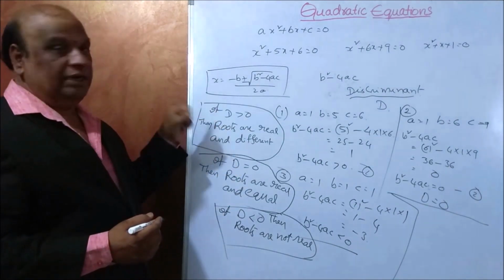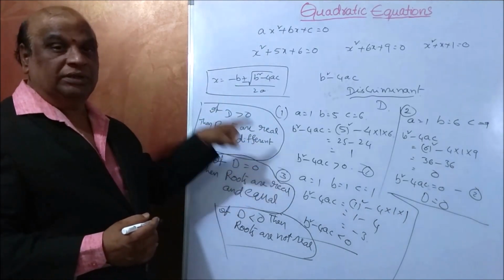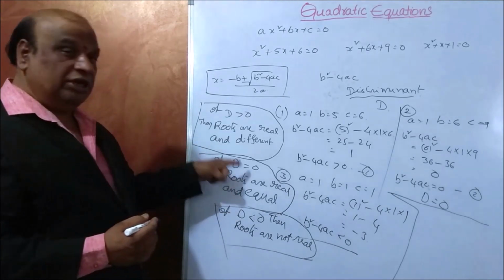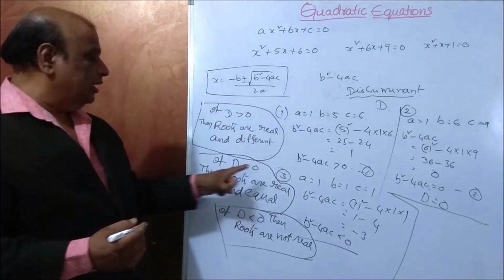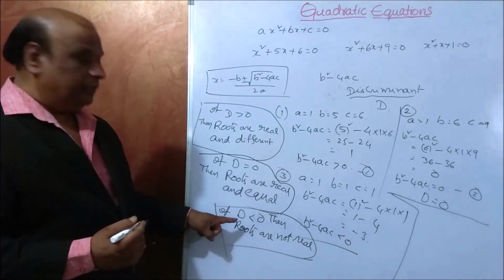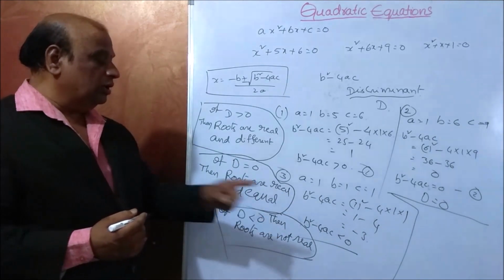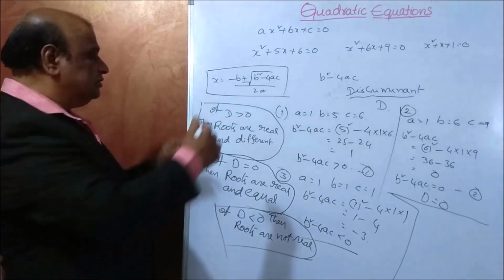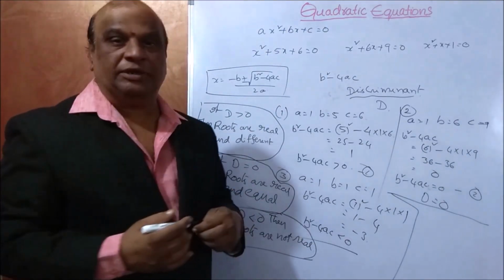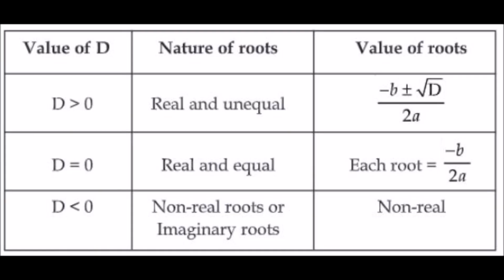D means discriminant. If discriminant greater than 0, roots are real and different. If D is equal to 0, that is the second case, roots are real and equal. And D less than 0, third case, roots are not real. These 3 are very important. By using these concepts, we can explain the nature of the roots.